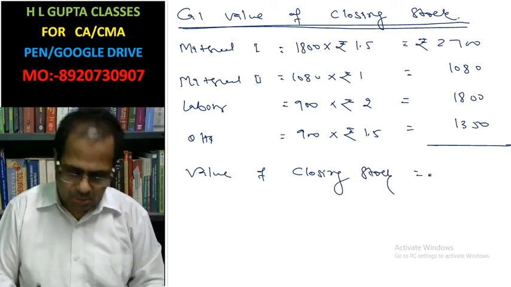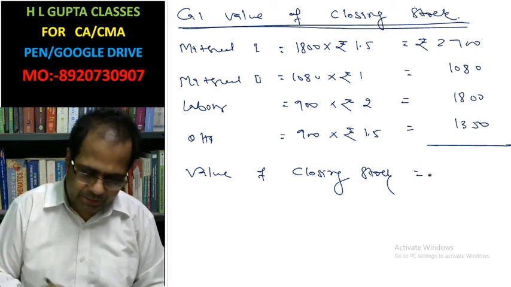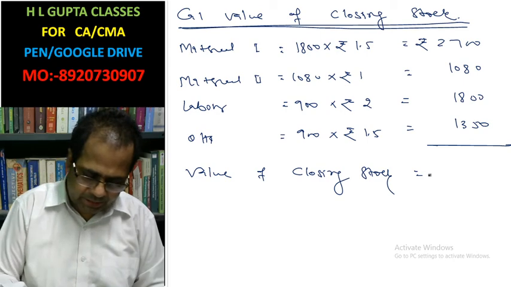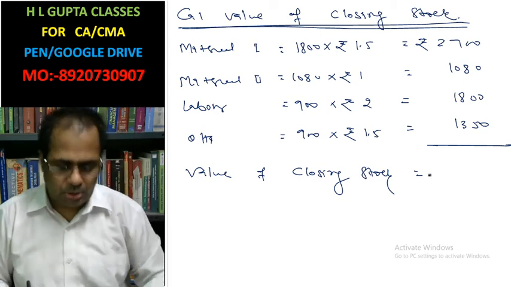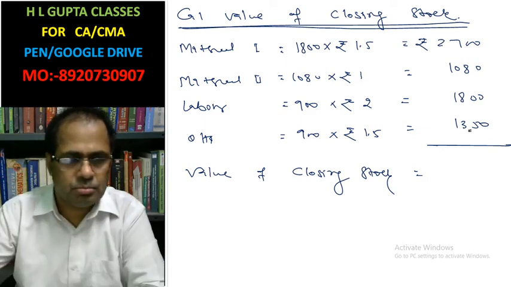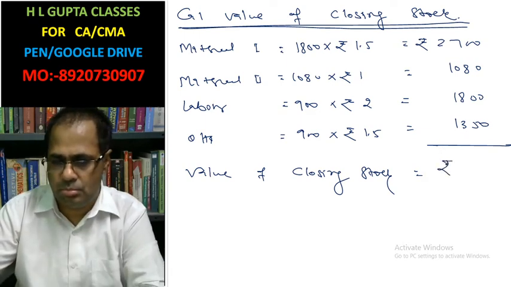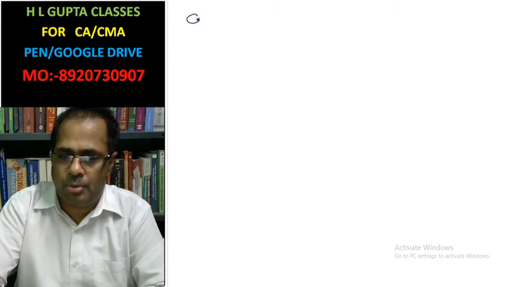Add this: 2700 plus 1080 plus 1800 plus 1350, that is 6930.